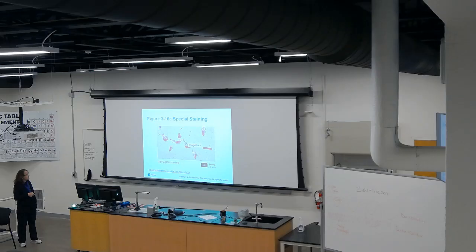So here we have a sample of a bacteria with multiple flagella. This is a rod, and it has these flagella all over the surface. This is called peritrichous.